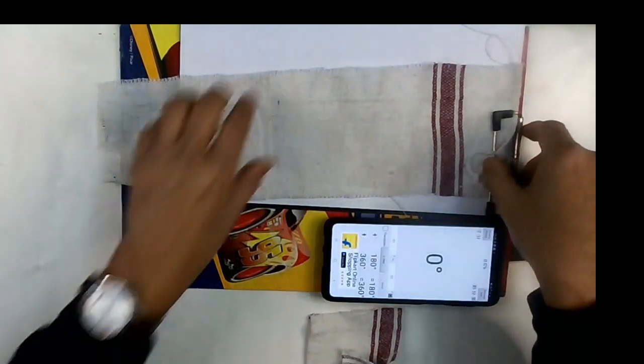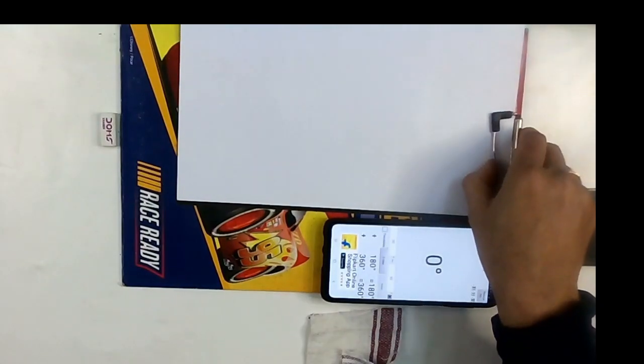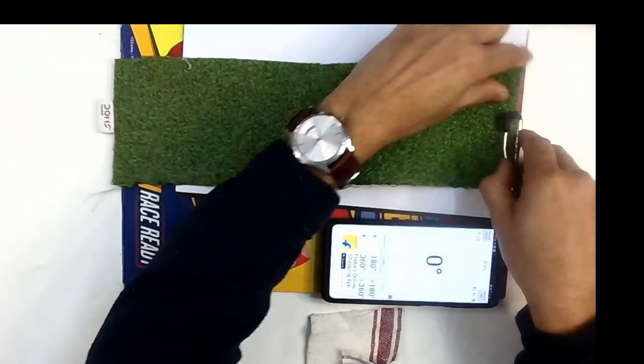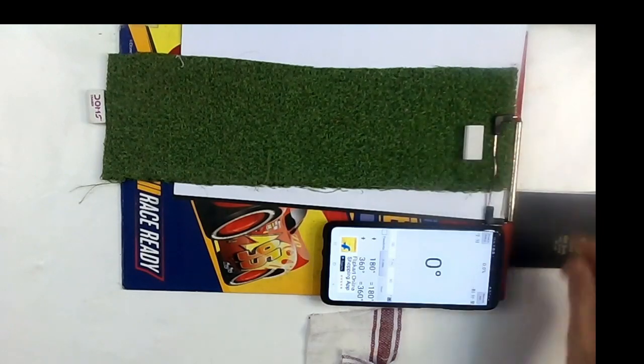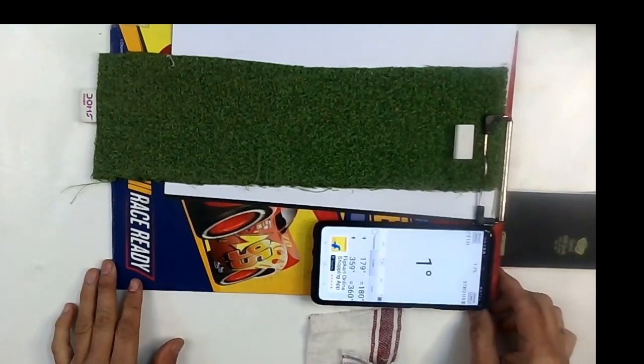Now I am using a different surface, which is a doormat, very rough compared to other surfaces. I am using the same eraser in this case. Let's see what happens. Look at the inclinometer here.